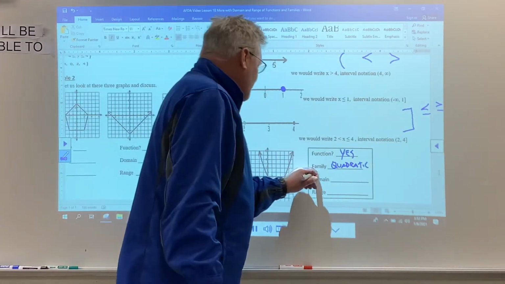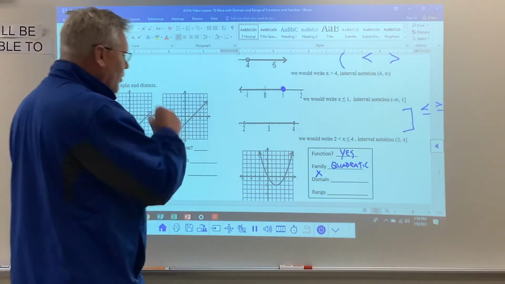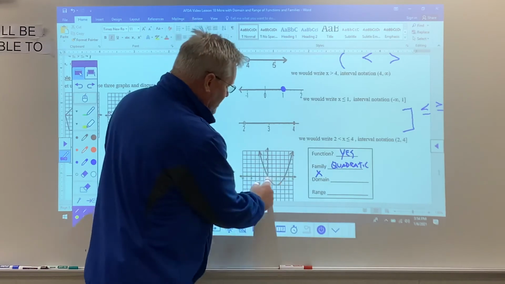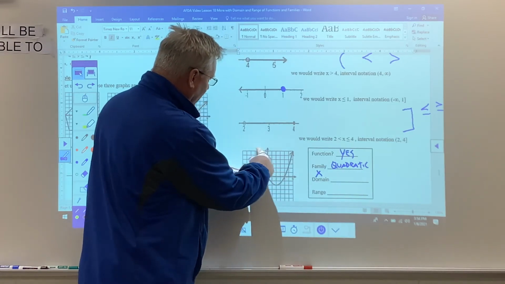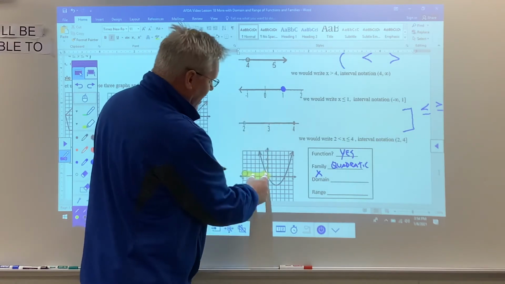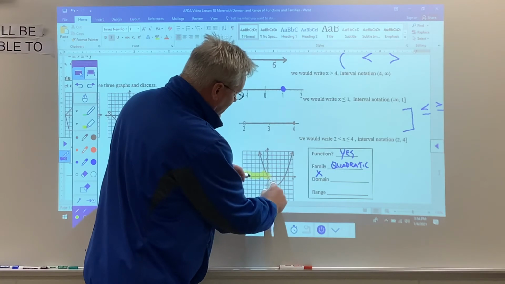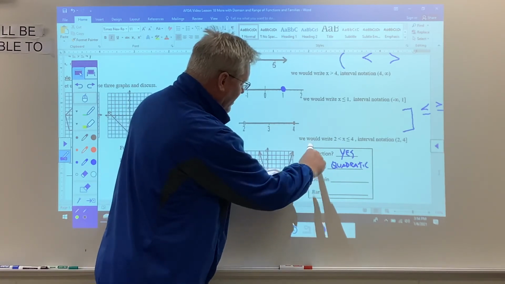Again, the domain we're talking about here are x values, so we might use the same thing that we did before. It has an infinite number of x values. We could start here at 0, and these x values for these points start working in this direction forever and ever.